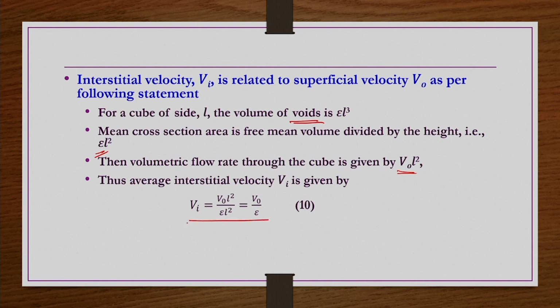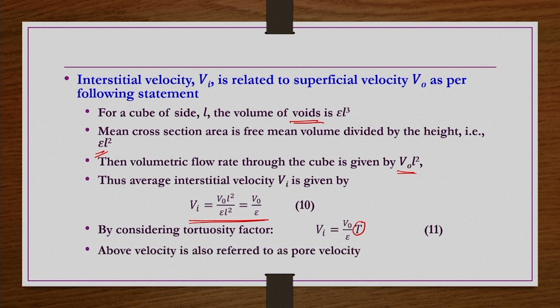So, this is how we get the interstitial velocity, or the pore velocity, or the average velocity in the pores. Now, if you consider the tortuosity factor also, then V naught by epsilon should be multiplied by T. In some books it is multiplied, in some books it is not, because there are so many constants, and all together they are clubbed at the end when you have the final frictional pressure drop relation and compare it with the experimental results. Then this combination of constants is replaced by 1 or 2 constants, alpha or beta, like that. Okay. Those things we are going to see.